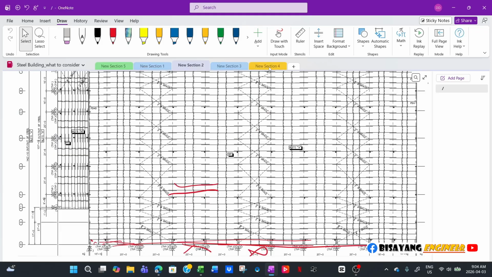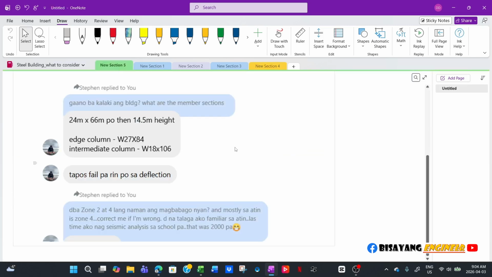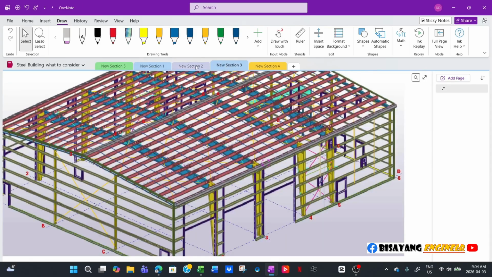I would expect the section should be at least W24 or W36 maybe. So he's worried about this one, and I told him, no, considering the height of the building, that's nothing. And he said, okay. I think he thought this section was already really big, which I understand because he's still a student. So I told him, yeah, that's nothing. Just proceed with your calculation, and don't worry about that one.